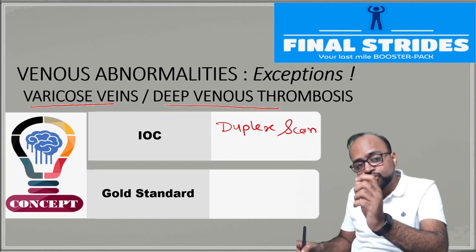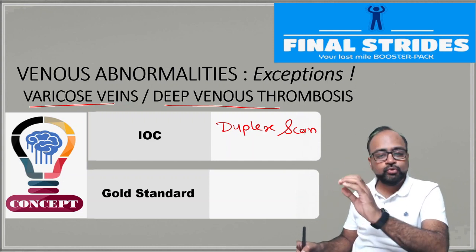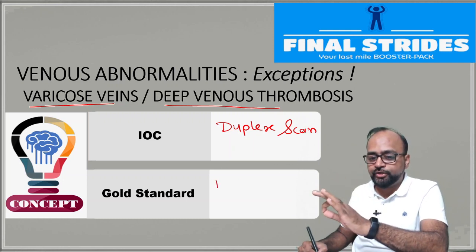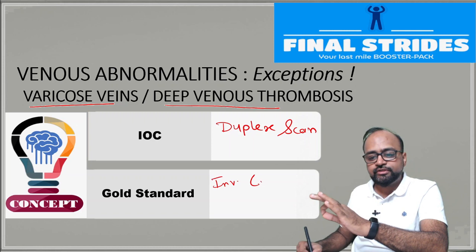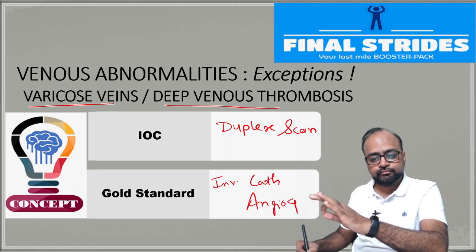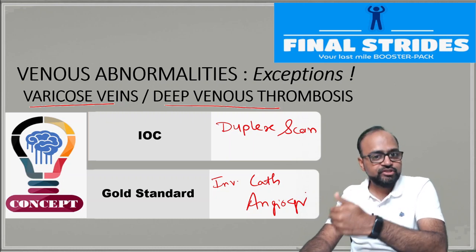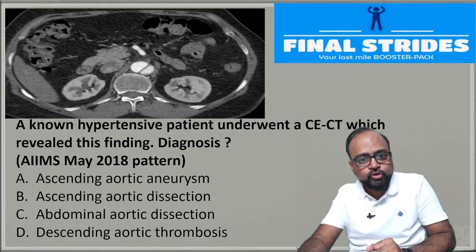And if they ask you what is gold standard, that remains the same. Gold standard for any vascular abnormality, arterial or venous, is going to be invasive catheter angiography. Alright, so this is about the various investigations used for various vascular abnormalities.